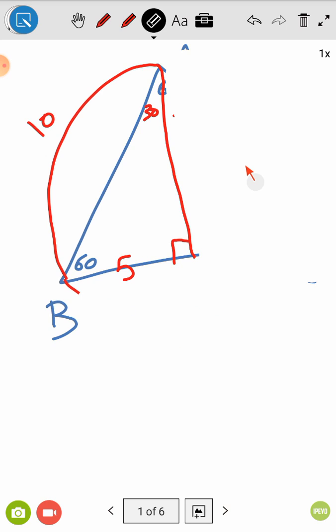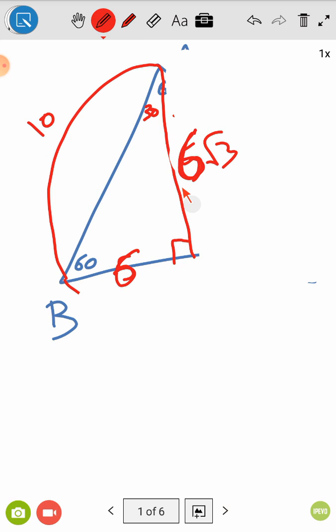so that is our second type, 30, 60, 90 degrees. If that side 5 is opposite to 30, the hypotenuse will be 10, and that side will be 5 root 3. So if that one is 6, that will be 6 root 3, and that will be twice 12.